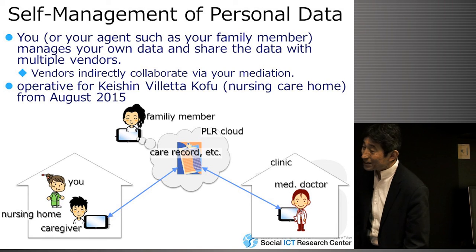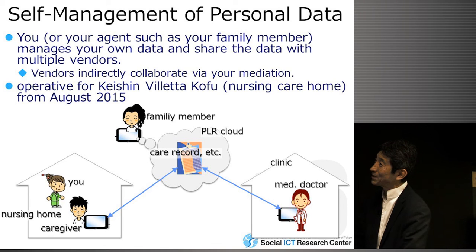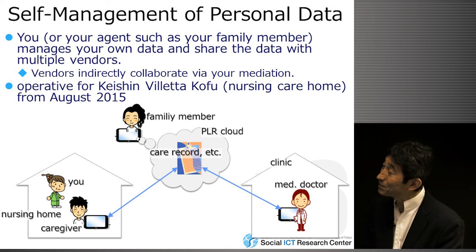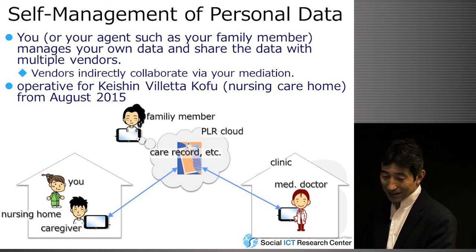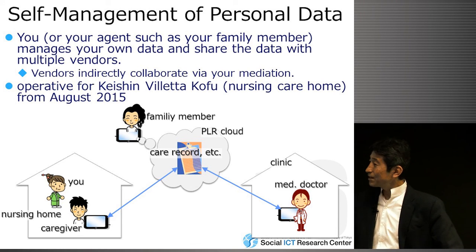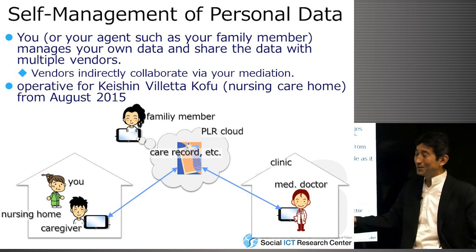And what is remarkable or important in this line of research is that in last August, some part of the operation of this application has been changed a little bit. That is, the care record data of this old woman.